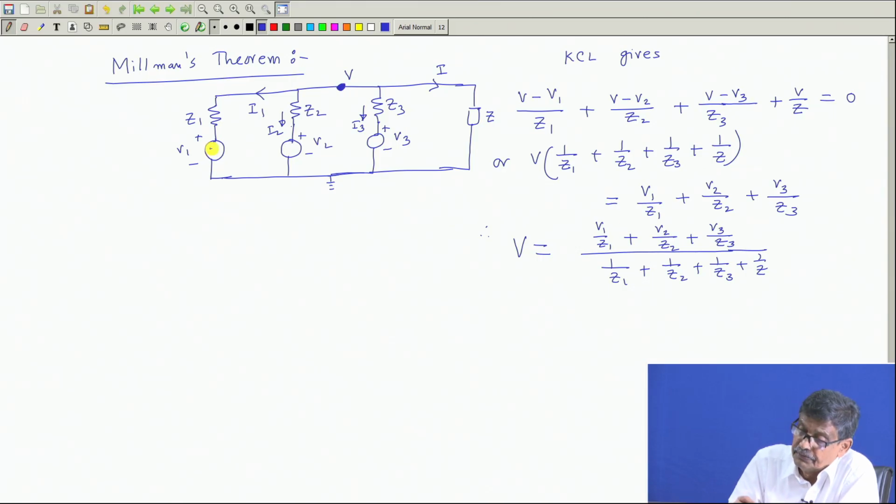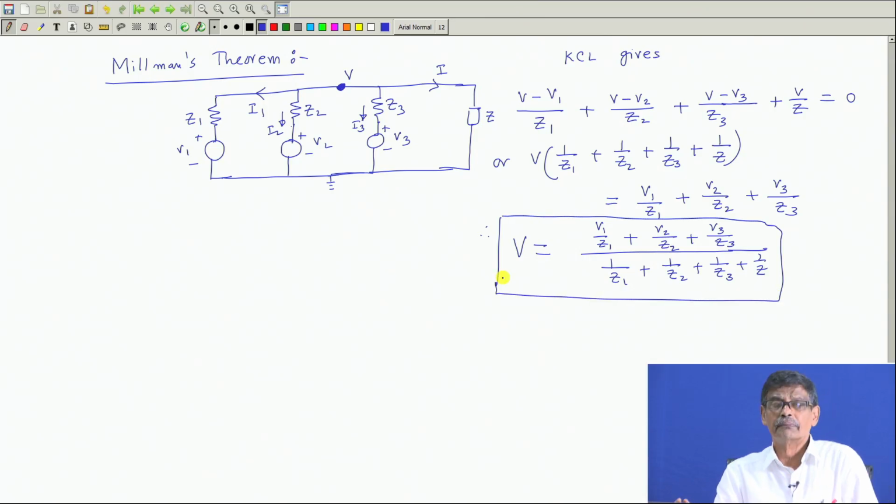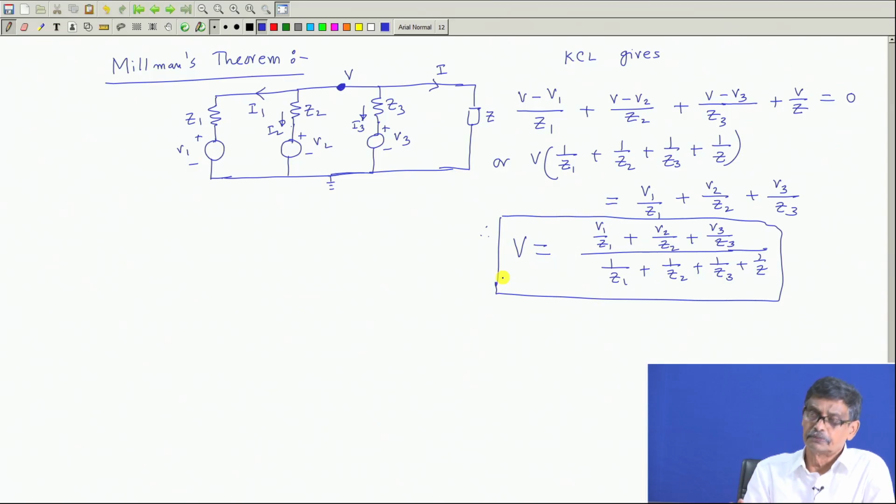It will be V 1 by Z 1 plus V 2 by Z 2 plus V 3 by Z 3, divided by 1 by Z 1 plus 1 by Z 2 plus 1 by Z 3. So, this is the formula used here. This is Millman's theorem and can be applied in circuits wherever you place this.